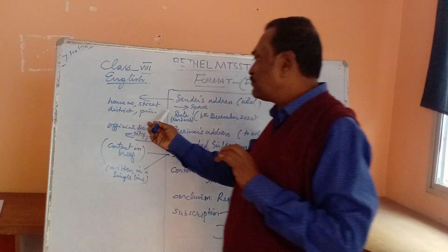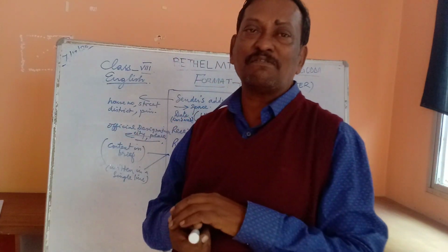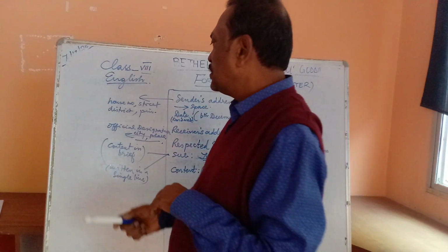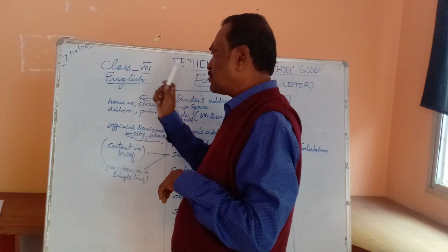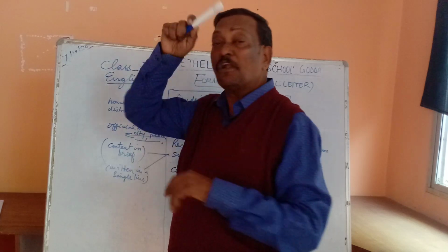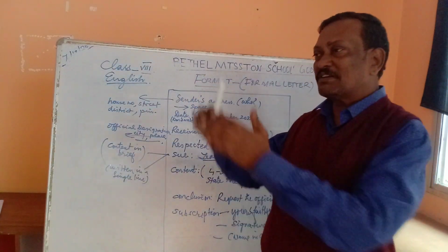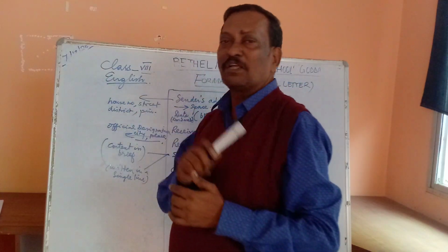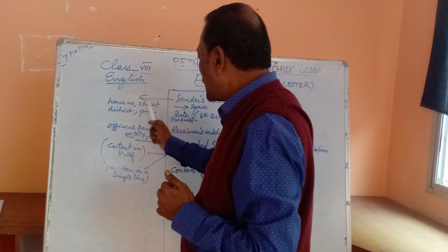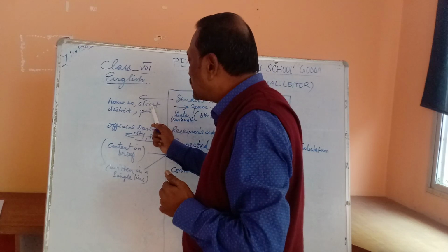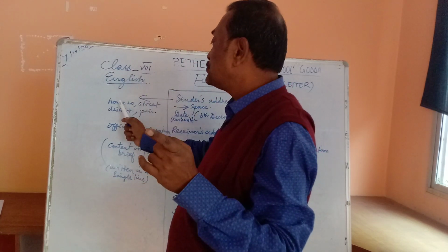For example, if you are living in Jawaharlal Nehru Street, you can mention the name of the street. So, house number, name of the street, locality. So, Jawaharlal Nehru Street, Sarkanda. Or Jawaharlal Nehru Street, Kadwatola, whatever it may be. So, the name of the street and the locality that you live in, house number.